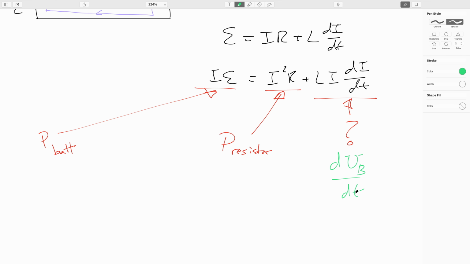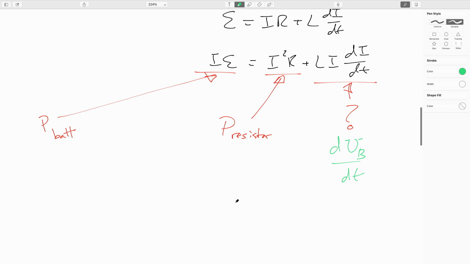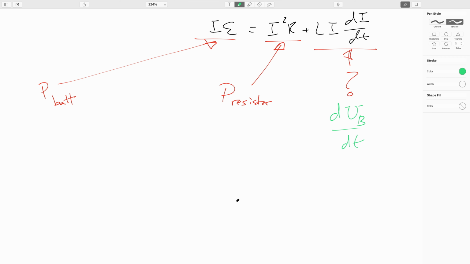All right. So since we were able to identify that this term is the rate at which we are storing energy in the magnetic field, in other words, the work being done to build the magnetic field, we can actually come up with an expression for the magnetic potential energy in the inductor.